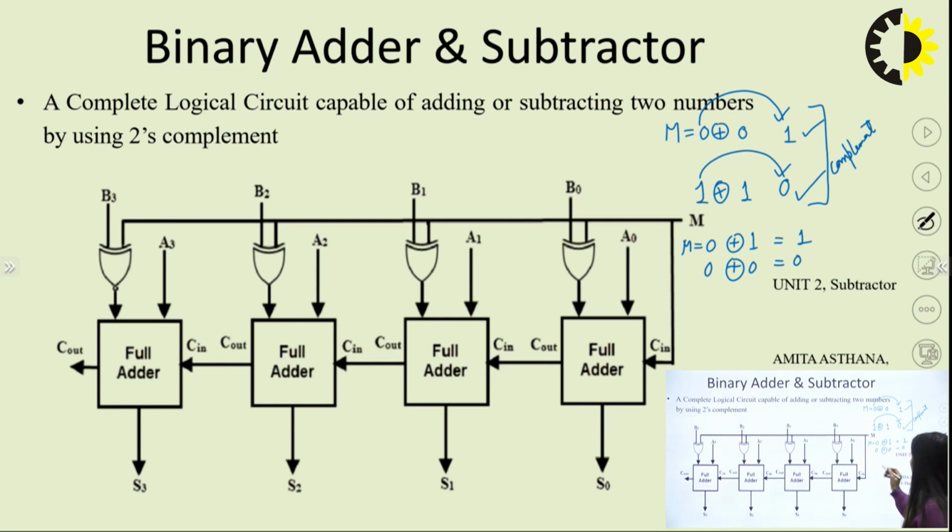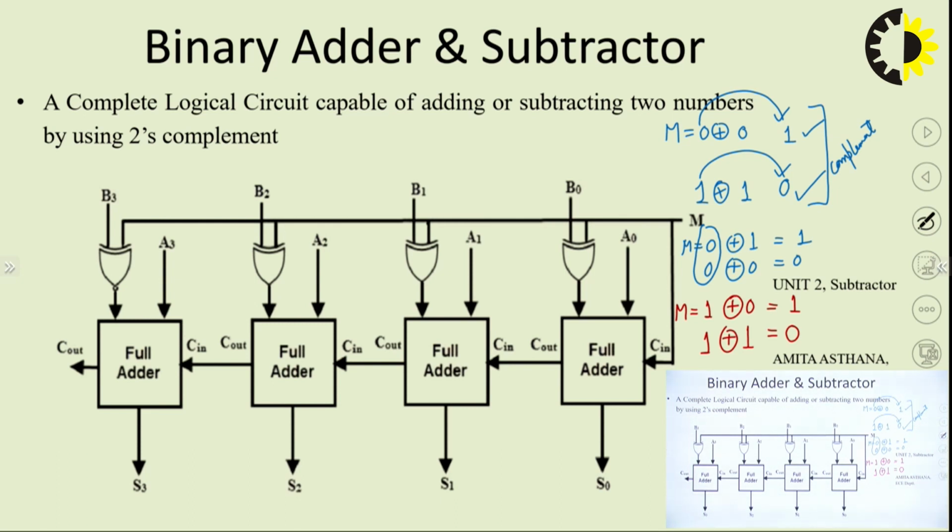Now I have fixed this m to be 0. Now let us consider another case. If m is equal to 1, then XOR of 0 is equal to 1. If m is equal to 1, then XOR of 1 is equal to 0.